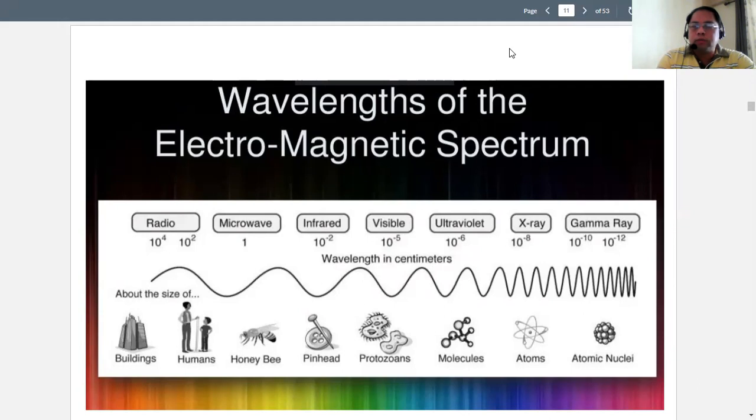We put some lotion that has sunscreen in it so that we can protect our skin from being damaged, like skin cancer developing because of the ultraviolet radiation we can absorb if we expose ourselves to an intense amount of sunlight. So again, these ones on the right side have higher energy.